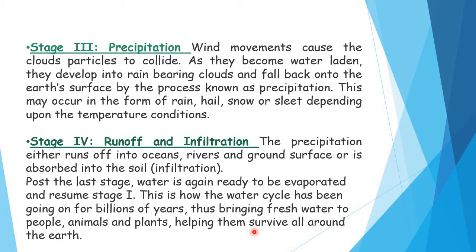This is stage 3, precipitation. Wind movements cause the cloud particles to collide. As they become water laden, they develop into rain-bearing clouds and fall back onto the Earth's surface by the process known as precipitation.